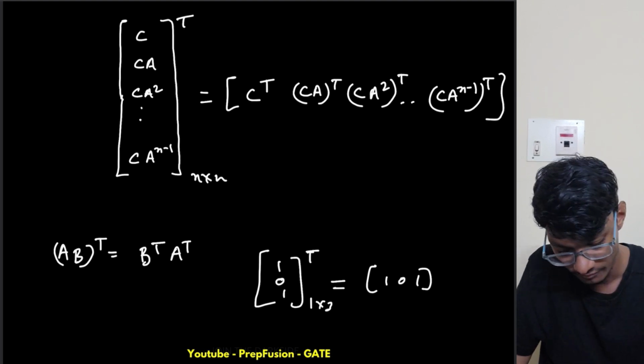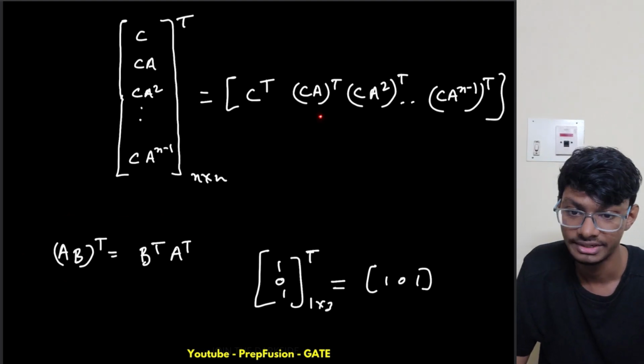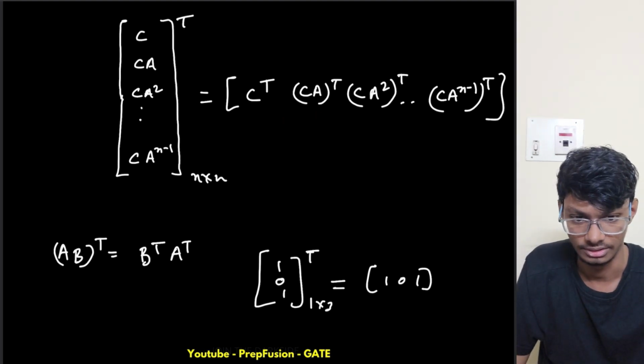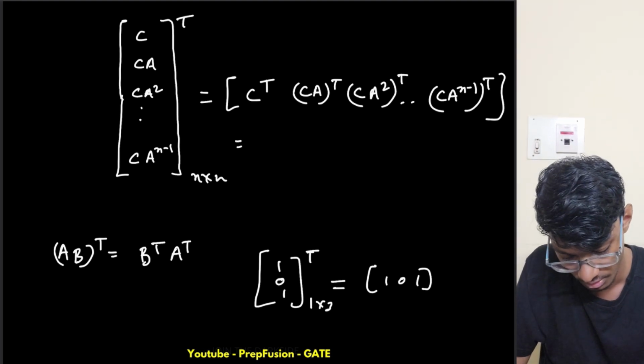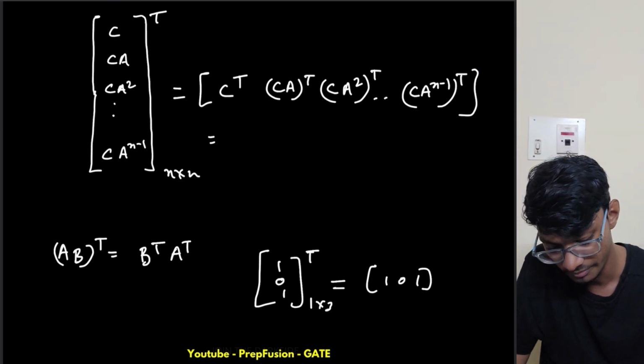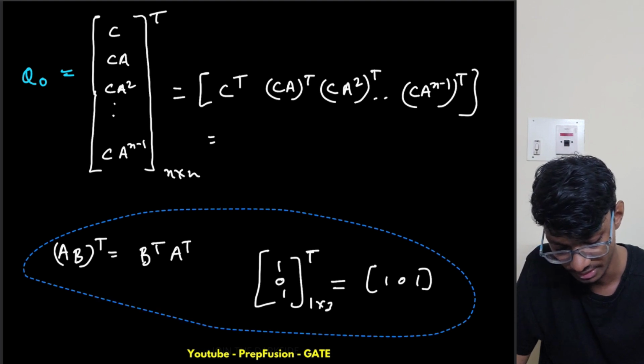Now I have taught you this property. So CA transpose, what will this be? It will be A transpose C transpose. So this is basically my observability matrix. I will write this in a more formal manner; I'm just explaining it to you.